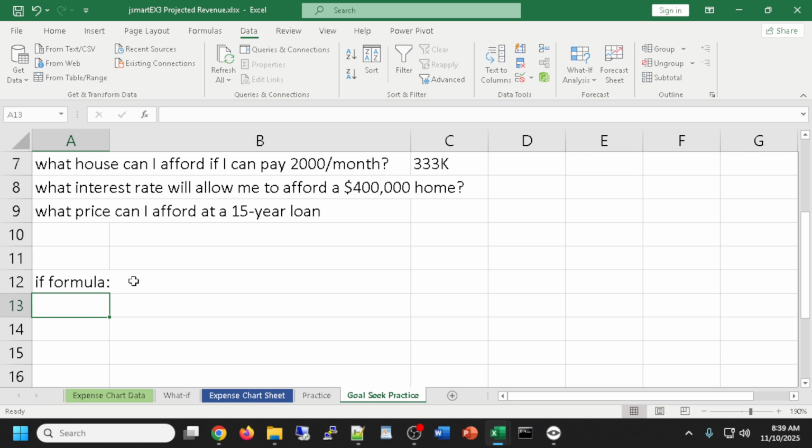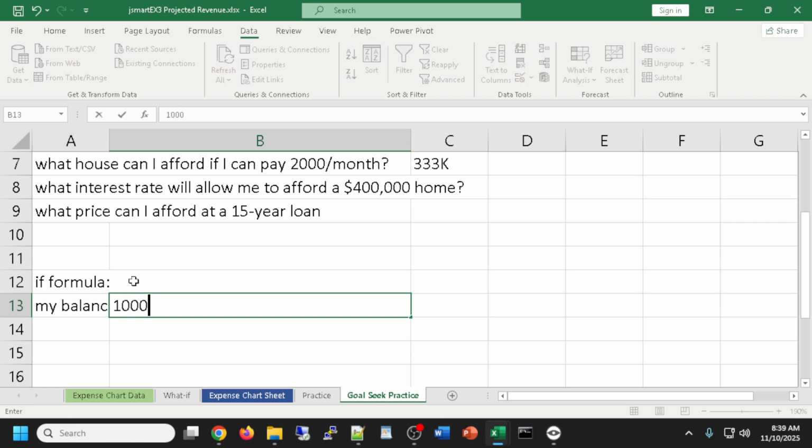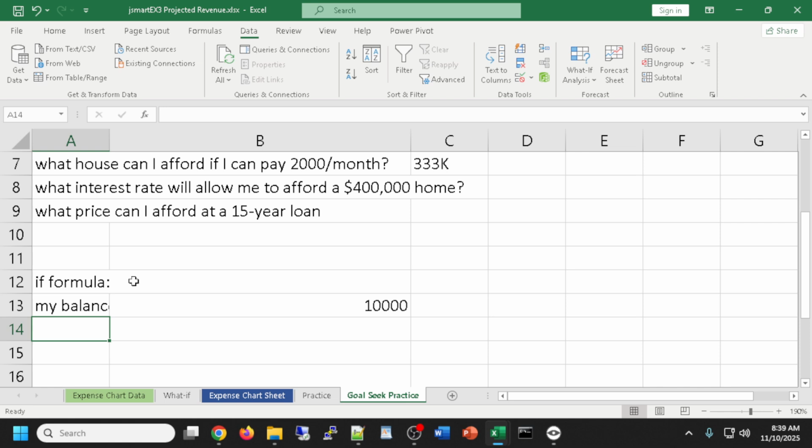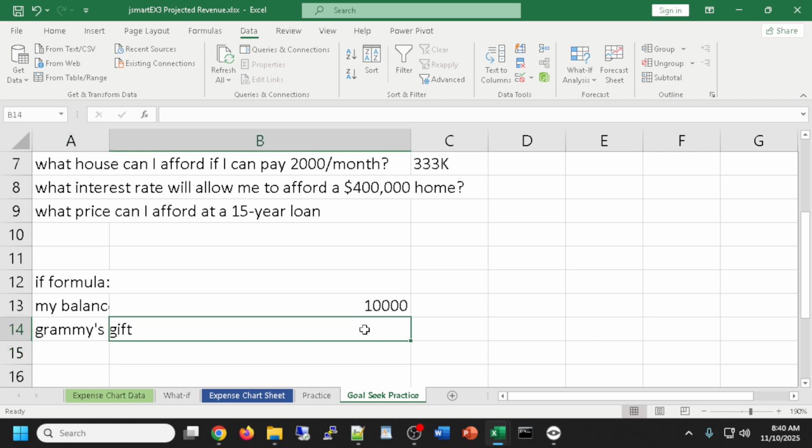Okay. Here are a few numbers. We'll call it my balance, is, let's say it's $10,000. Grammy's gift, we'll say she's going to give us $5,000.